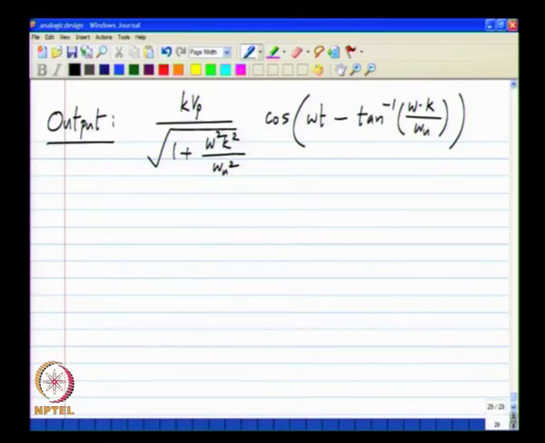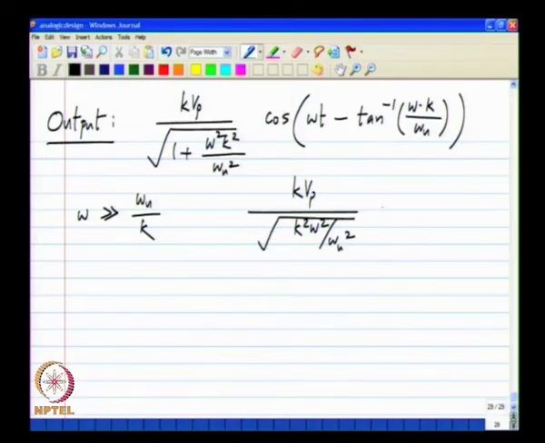Now, for very high frequencies, that is omega much greater than omega u by k, what happens is that 1 is negligible compared to this term in the square root. Okay. We get the amplitude of the sinusoid to be kVp by k square omega square by omega u square, which is the same as omega u by omega times Vp. Okay.